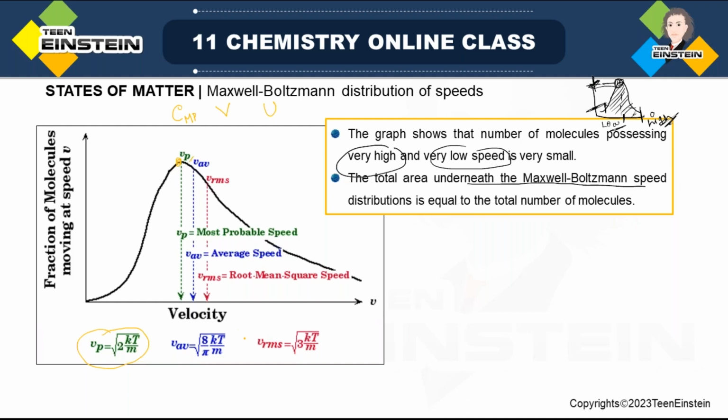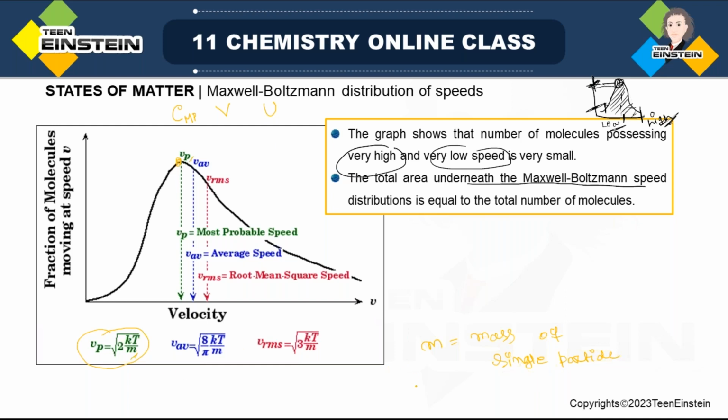Now T is temperature. Okay, m is the mass of a single molecule. Be very careful when I am using small m, that is actually the mass of a single atom or molecule. In general, I am saying single particle.